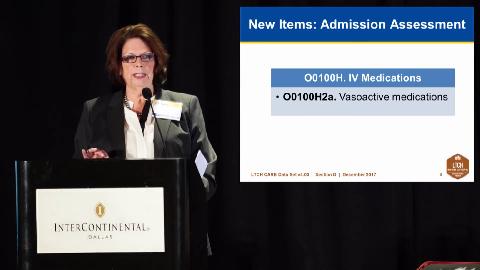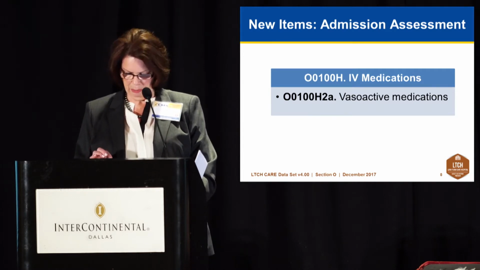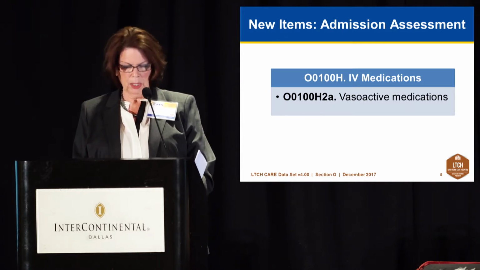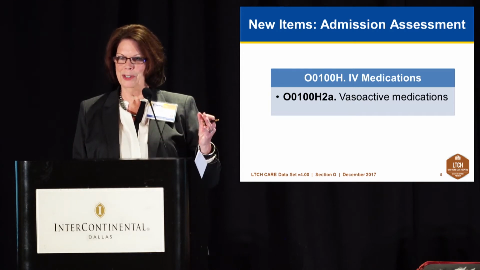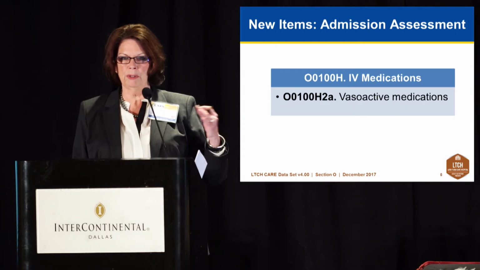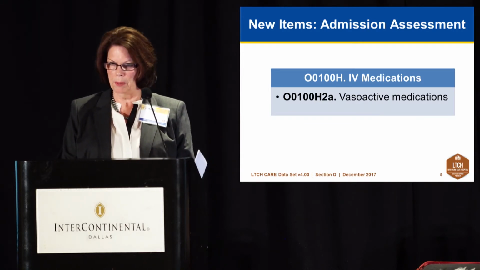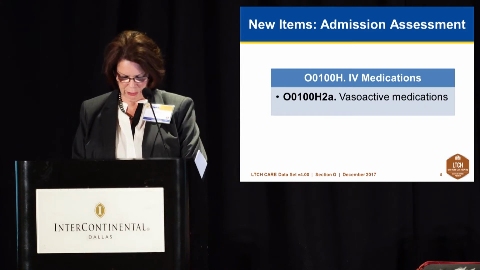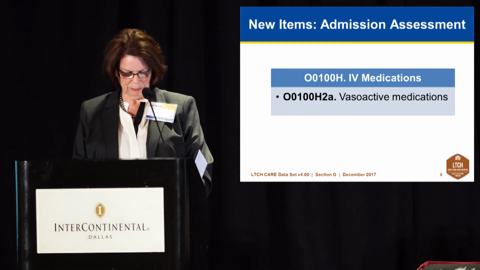Specifically, you're going to be coding when your patient is on IV vasoactive medications. The reason that we're adding this is, I talked about risk factors in my previous presentation regarding the ventilator liberation measures. This is also a risk adjuster for the outcome measure for ventilation.